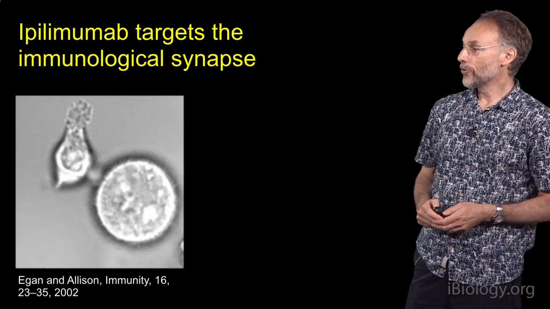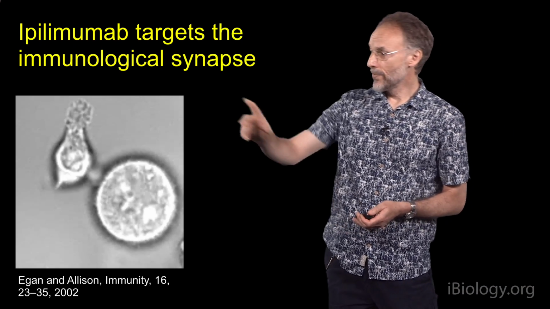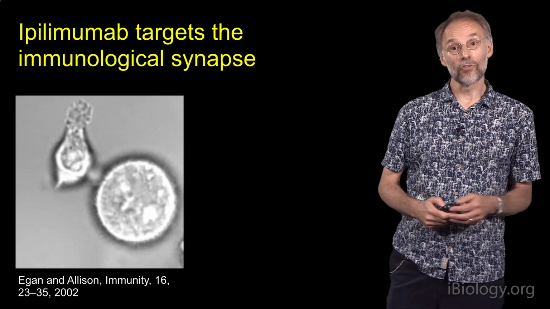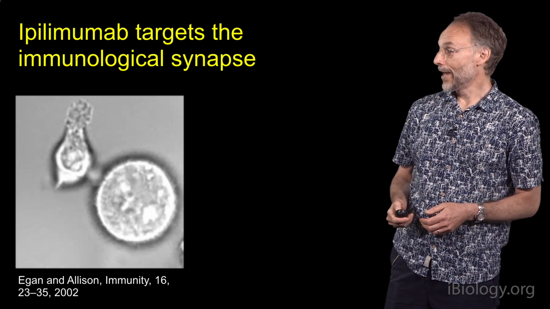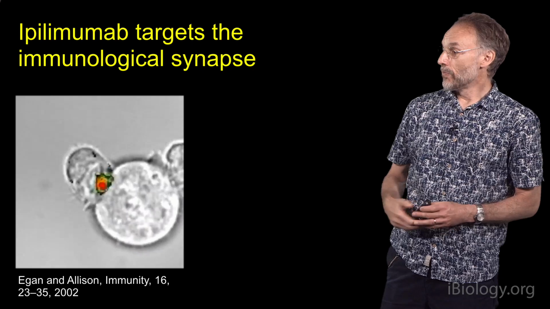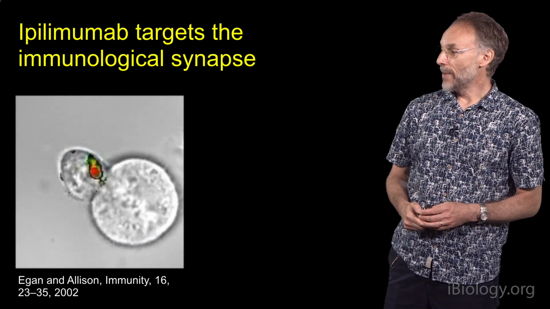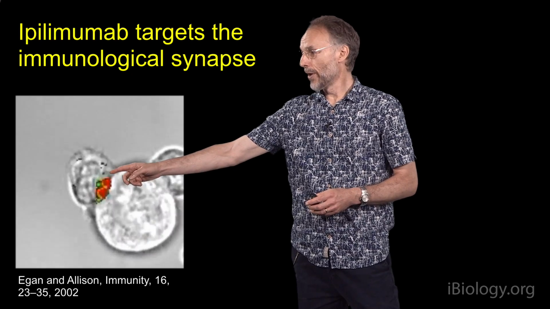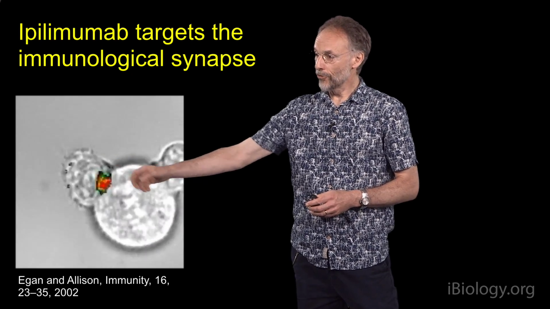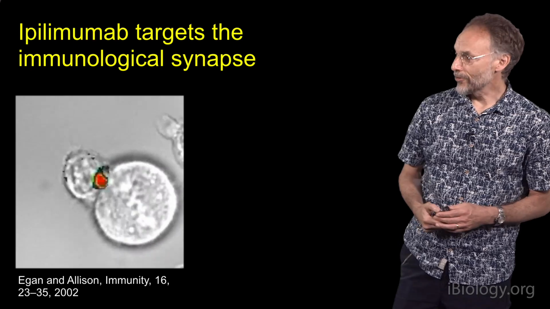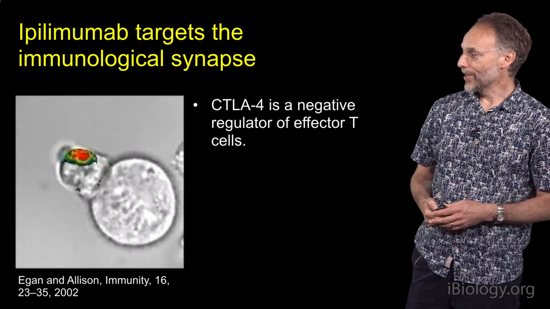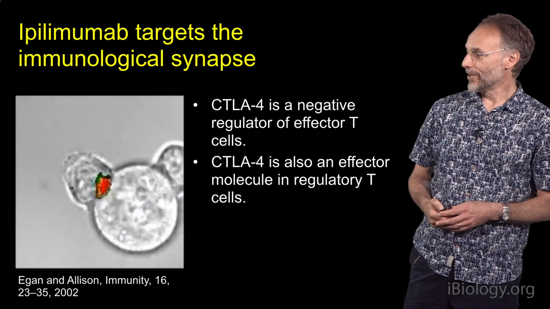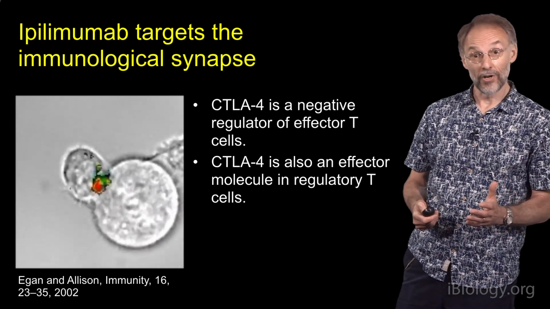This is one of those systems, an antibody called ipilimumab that's targeting a protein called CTLA4, which is cytotoxic T lymphocyte antigen 4. This is an image from work by Jim Allison and Jackson Egan, showing a fluorescent CTLA4 moving to the immunological synapse. So this is a synaptic marker. It's a regulator of effector T cells, generally thought of as an inhibitor.